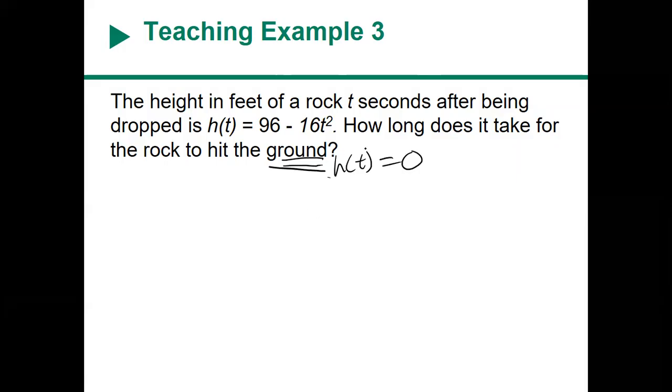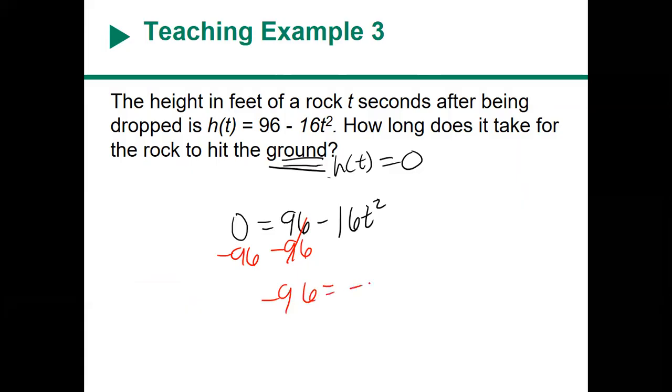So if it wants to know how long is it going to take, then h of t is going to be 0 equals 96 minus 16t squared. And we're going to use inverse operations to get t by itself. So what's the first thing I need to do? Subtract 96. When I subtract 96, I get negative 96 equals negative 16t squared.